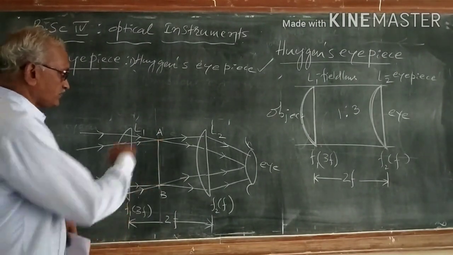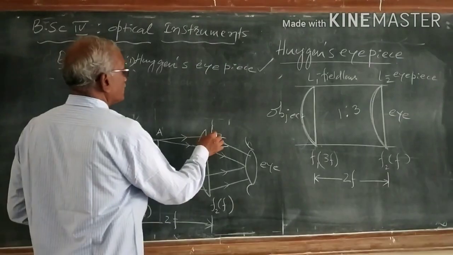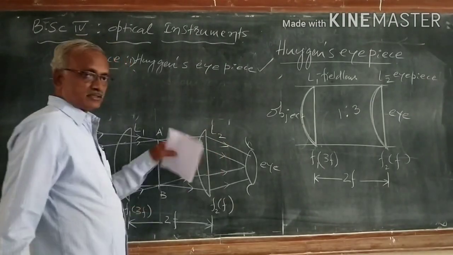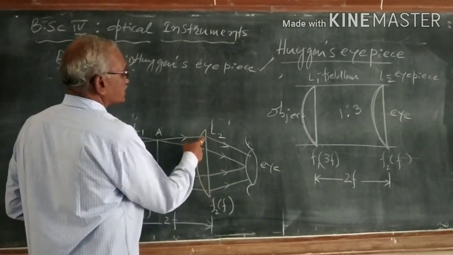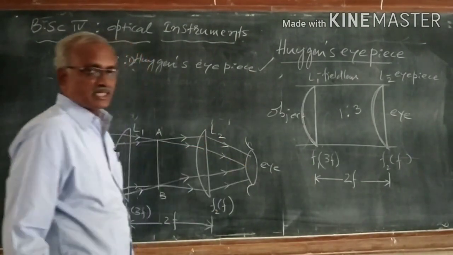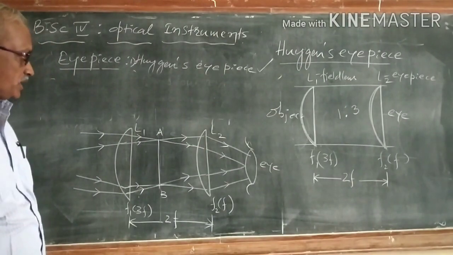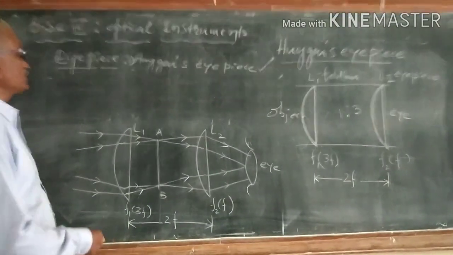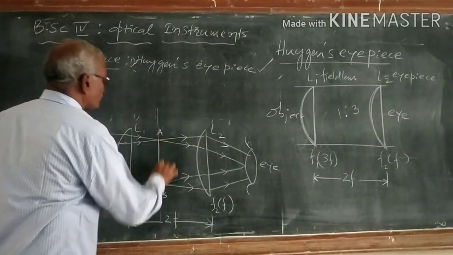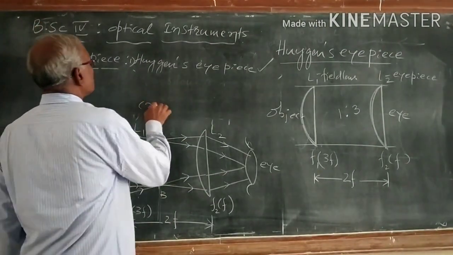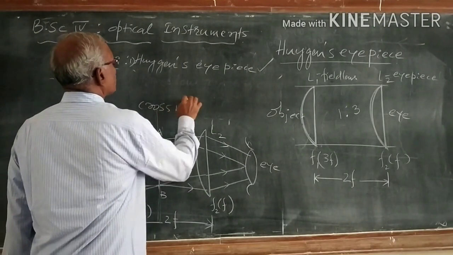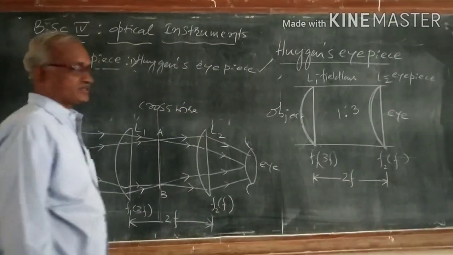From that, if you extend the rays, they will meet the second lens, L2, and after refraction they will reach the eye, so we can view them. But here, what will happen? This is the position of the image in which we have to keep the cross wires, in between the field lens and the eye lens.